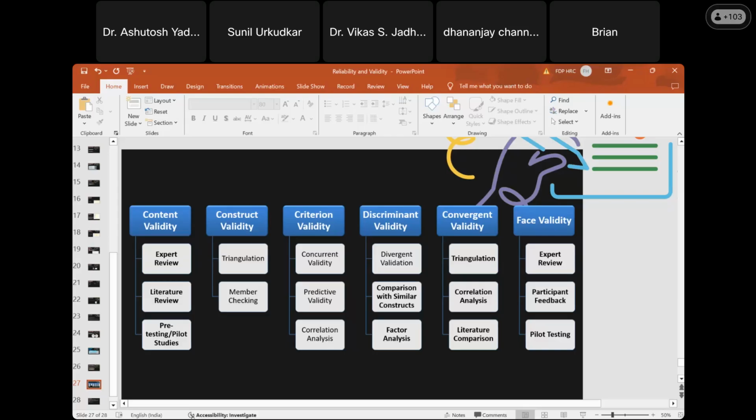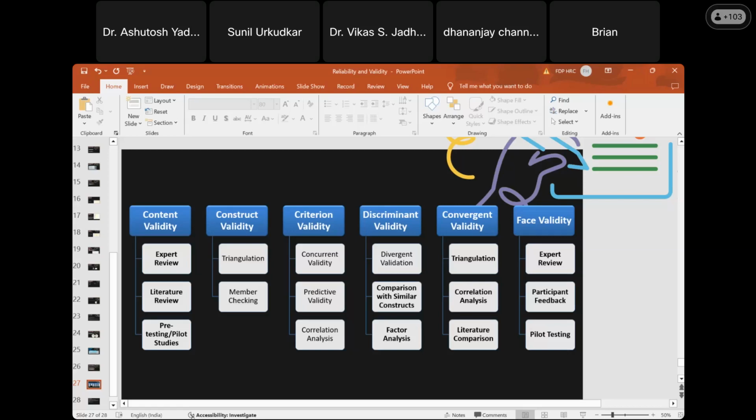So rather than going full-fledged, collecting data from 1,500 respondents and then realizing later on that there was some error in my questionnaire, it is advisable to first do a face validity check, take an expert opinion, and then also conduct a pilot study on a smaller sample, say 50.